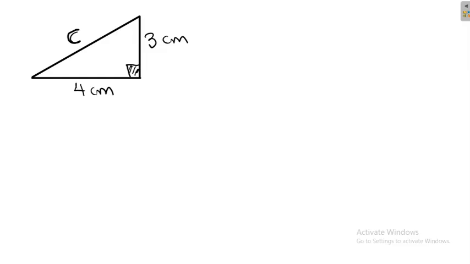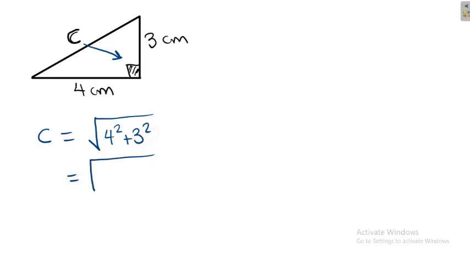Let's check. If it is opposite to the right angle, it is the biggest side. C is opposite to the right angle, so it is the biggest one. How can we get the biggest one? By adding under the square root the squares of the other sides. 4 square is 16, 3 square is 9, root of 25 is 5.